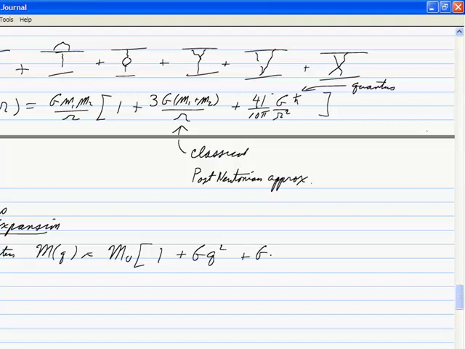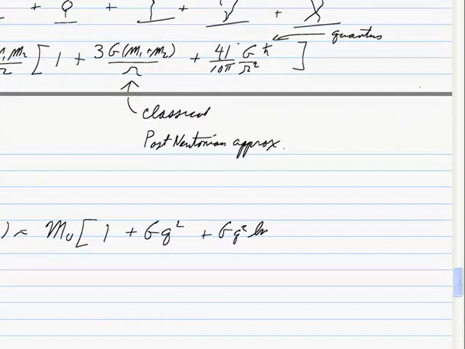There'd be corrections of G Q squared log of Q squared. And actually those terms come from the log. I haven't had a chance to explain that, but then plus, plus, plus, plus.